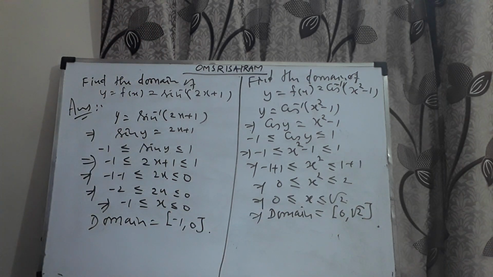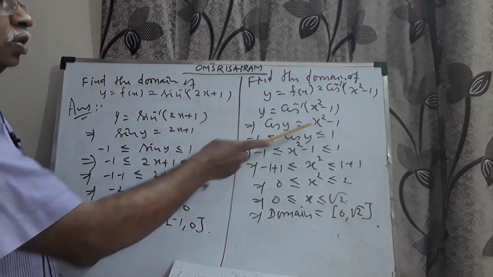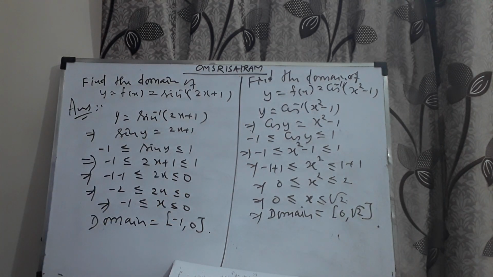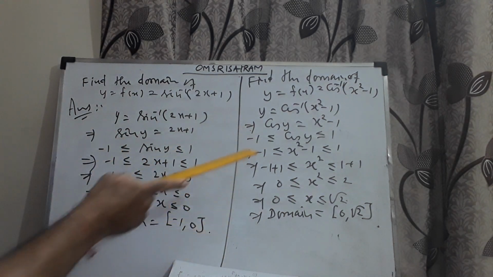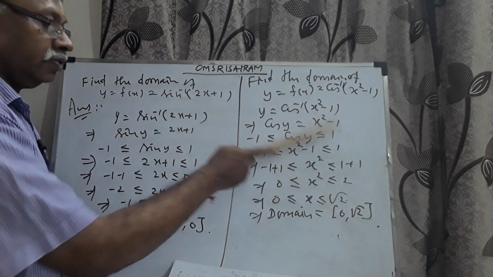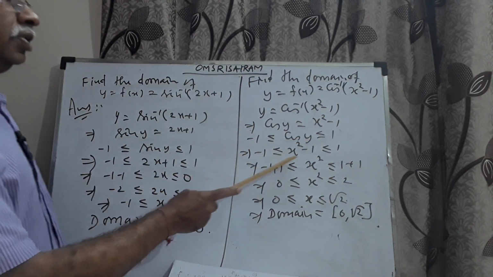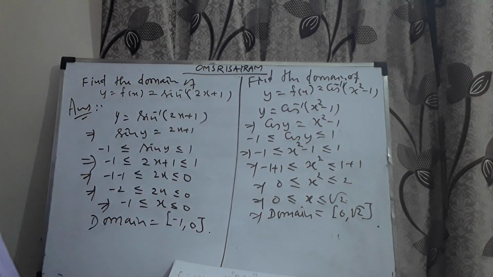Let me just explain once again here. y equal to cos inverse of x square minus 1. Taking cos inverse to the other side, cos y is x square minus 1. You know very well the maximum value taken by any cosine curve is 1, minimum value is minus 1, similar to sine. Now minus 1 less than or equal to x square minus 1 less than or equal to 1.